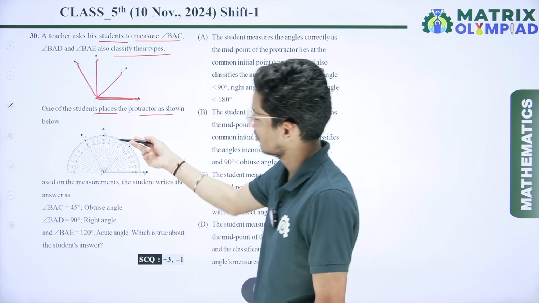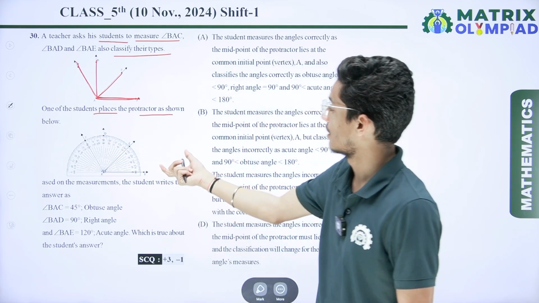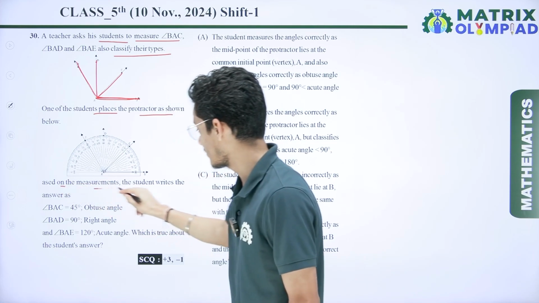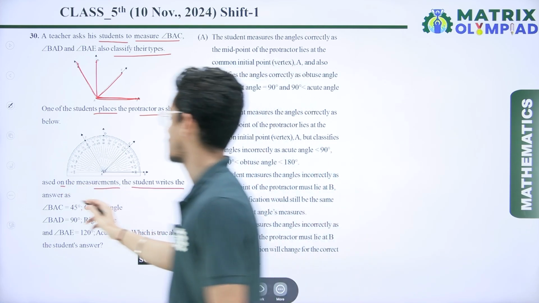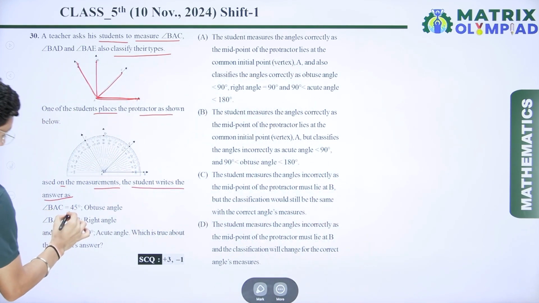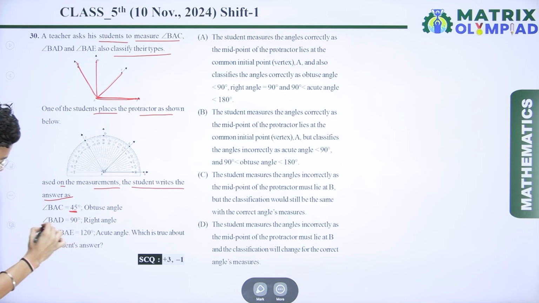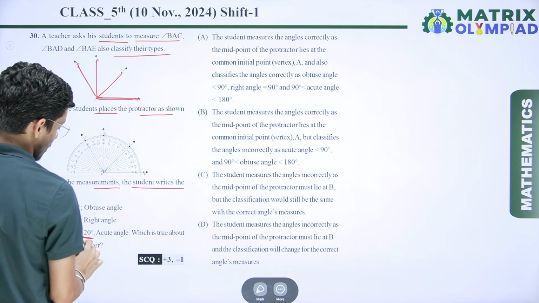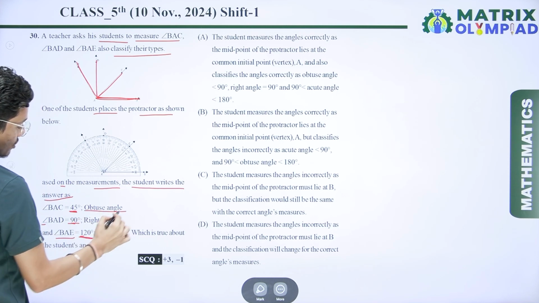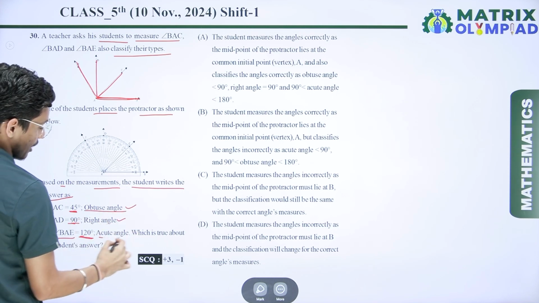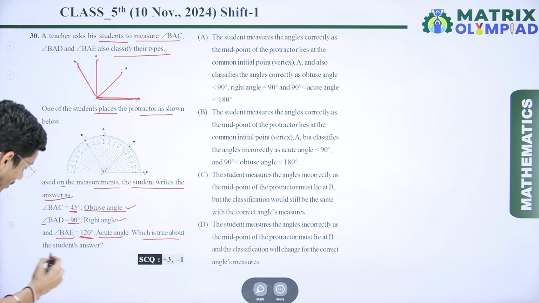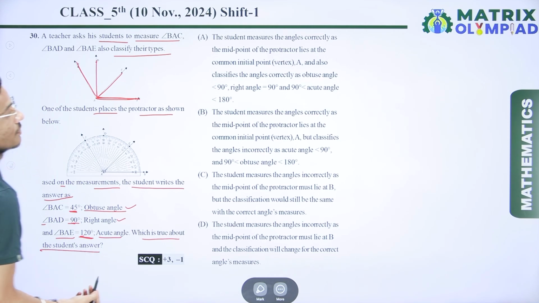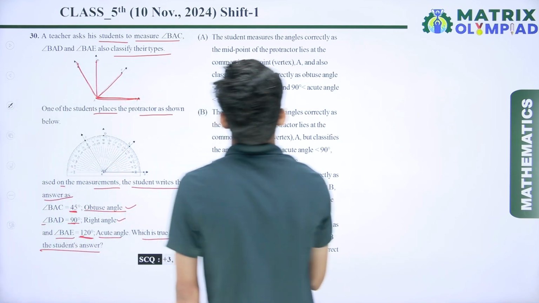The student writes that angle BAC is equal to 45 degrees, angle BAD is equal to 90 degrees and angle BAE is equal to 120 degrees, and classifies them as obtuse angle, right angle and acute angle. Which is true about the student's answer? We have to check which option is true.